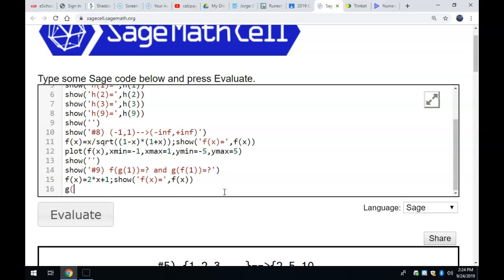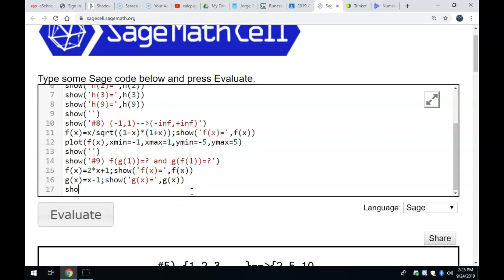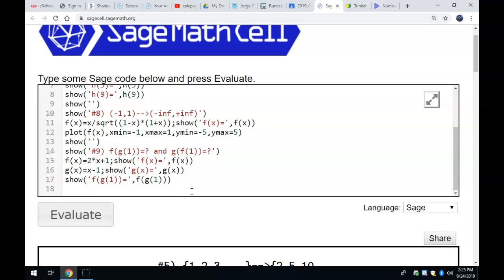And g of x is, what was g of x? x minus 1. Can you calculate the composition f of g of 1? And likewise, g of f of 1.